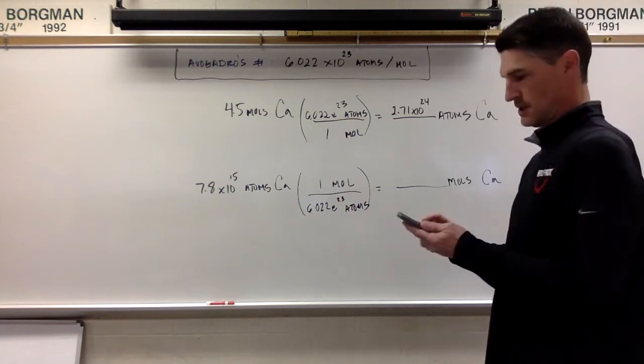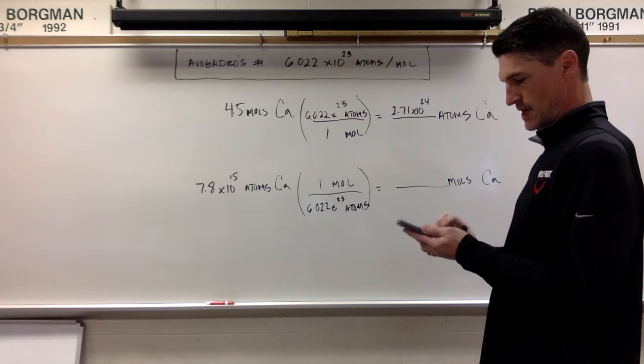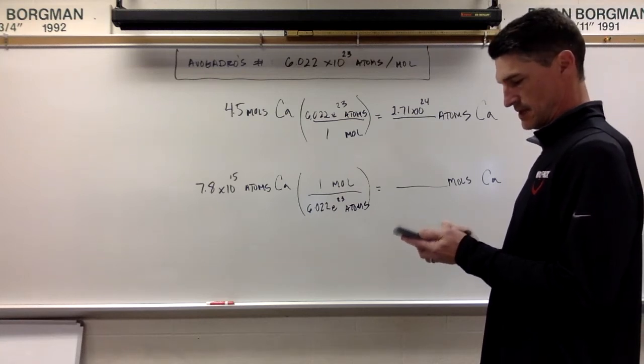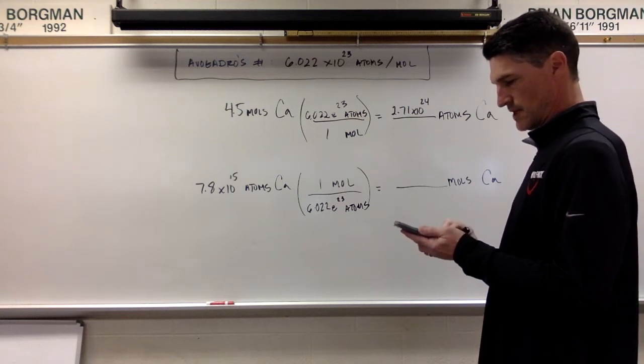Type this in: 7.8 times 10 to the 15th power divided by 6.022 times 10 to the 23rd power.